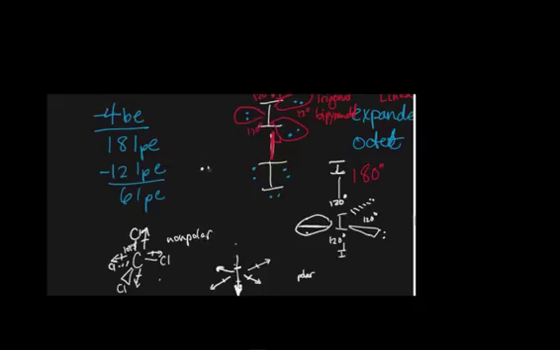Whereas the ammonia is also tetrahedral, but this lone pair doesn't have another lone pair to balance it out. So the bond angle is not 109.5, it's less than 109.5, and there's no longer symmetry occurring to cancel out this dipole moment. So it's polar.